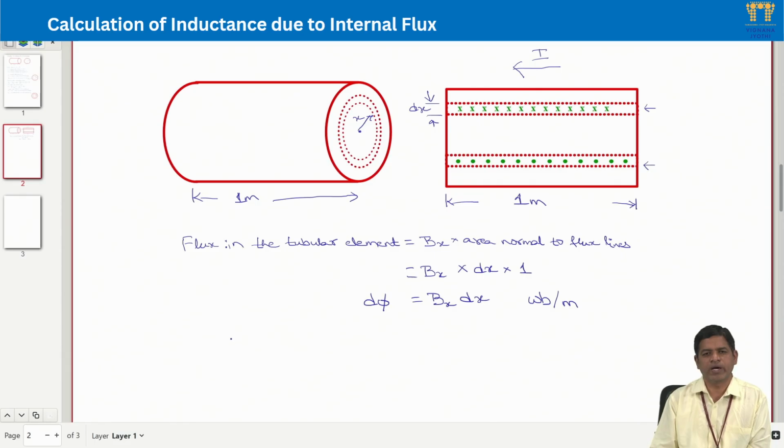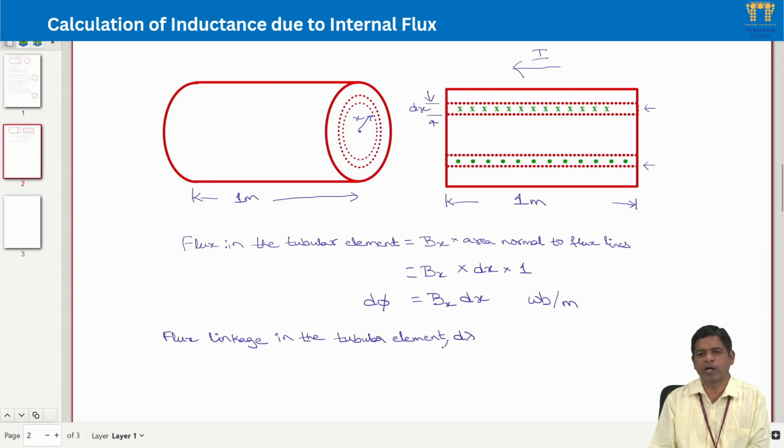Now if I want to calculate the flux linkage in this tubular element, we generally use lambda to represent flux linkage.